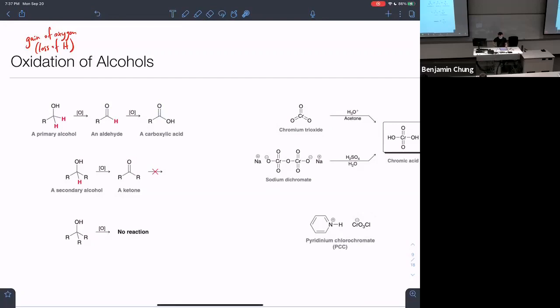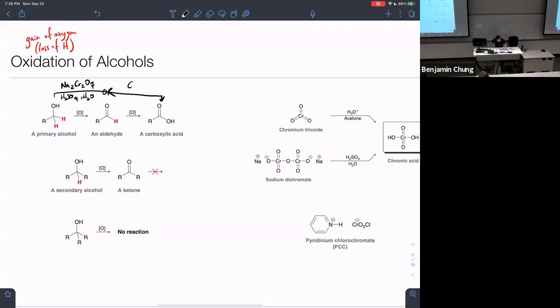So we can directly generate a carboxylic acid from a primary alcohol in two ways, both of which are based on chromic acid. You really would only need to memorize one of these, whichever one you prefer. One is with sodium chromate in the presence of sulfuric acid and water.